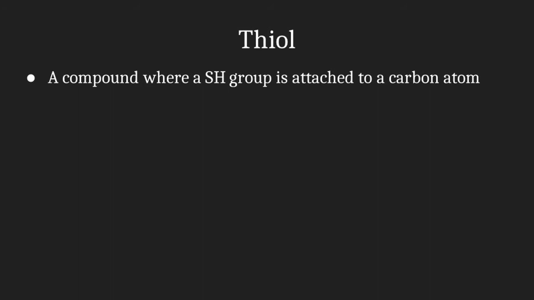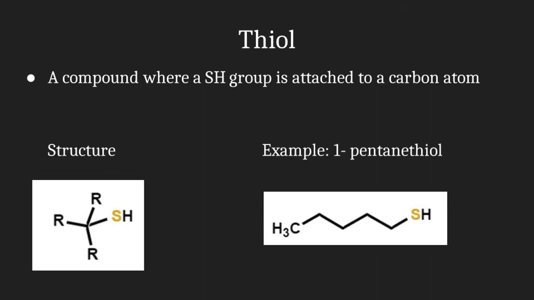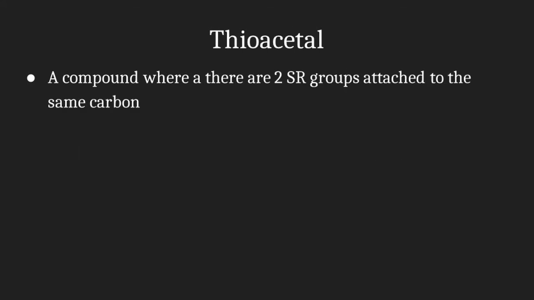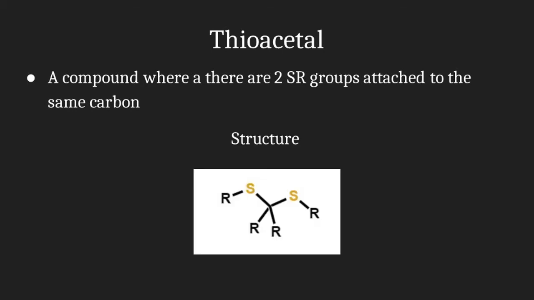So this is where a carbon is attached to an SH group, as seen in pentanethiol, and the structure of this group you could see on the left. Then there's also a thioacetal group, where a carbon is attached to two R groups, and also is connected to two SR groups, as shown below.